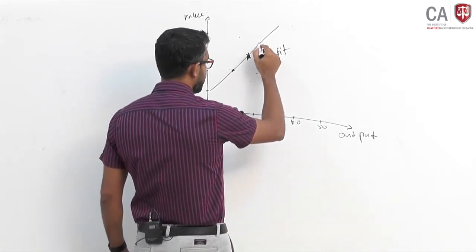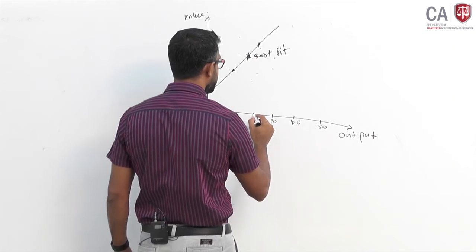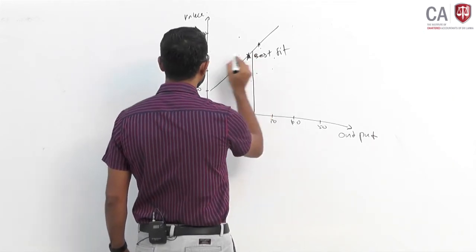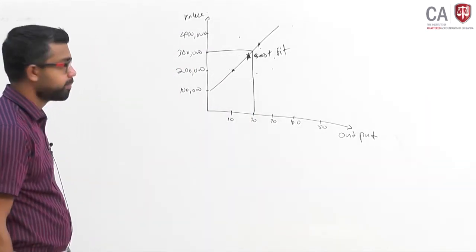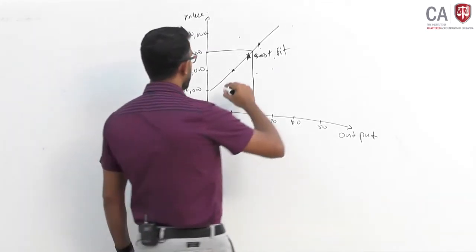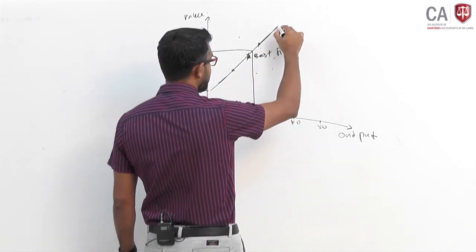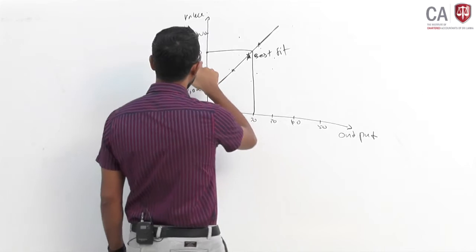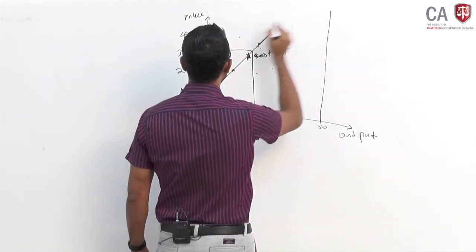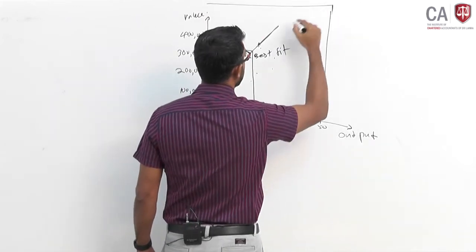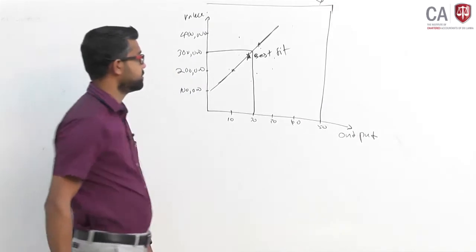Let us say when output is 20, this is the sales value. Let us imagine. If you draw this line, you can estimate that somewhere here.